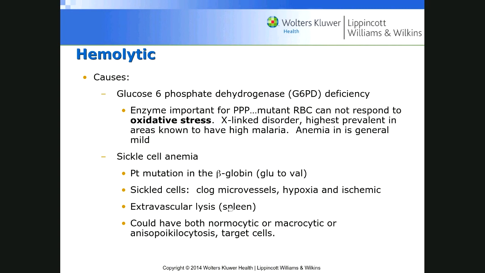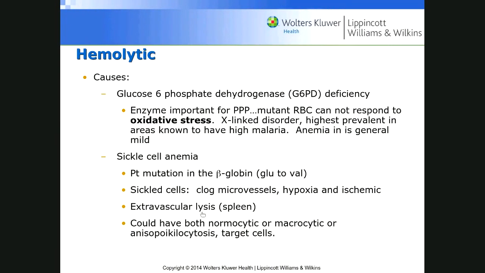What do you need to know with glucose-6-phosphate dehydrogenase? Earlier we were talking about Heinz bodies, which are insoluble substances in the red blood cell. The cell has a redox potential, how much oxidation it has, NADH versus NAD positive.